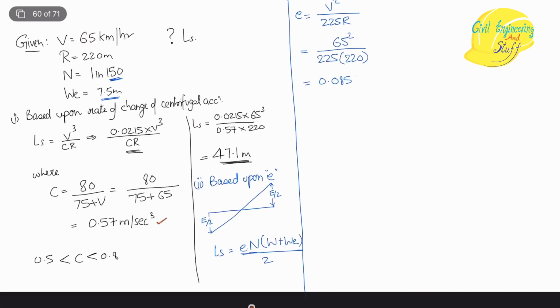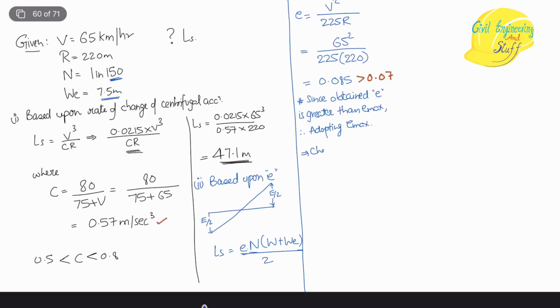And since the value is greater than the permissible super elevation value, we have to say that since the obtained super elevation value is greater than E max, therefore adopting E max.